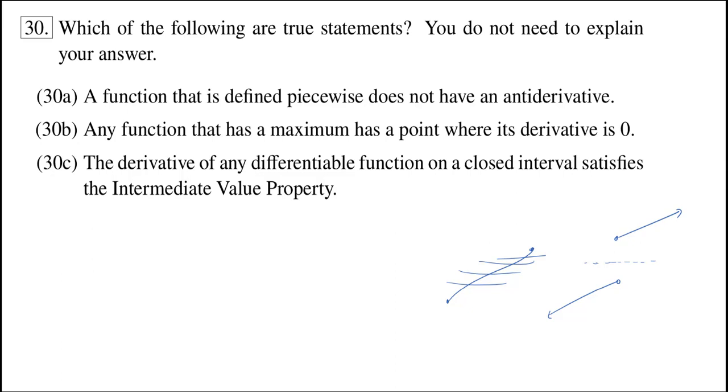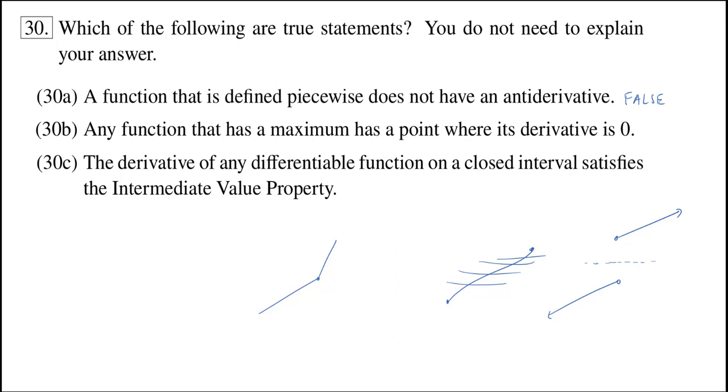But piecewise doesn't mean that you have such a jump. It could just be you had some function that looks like this, and then the function looks like that. And that satisfies the intermediate value property. So piecewise doesn't rule out that you have an antiderivative. So this one is false.